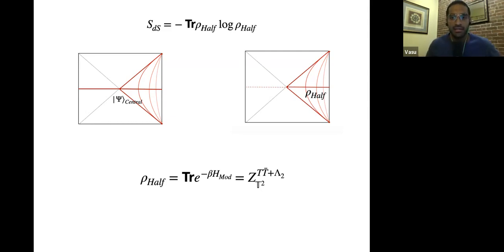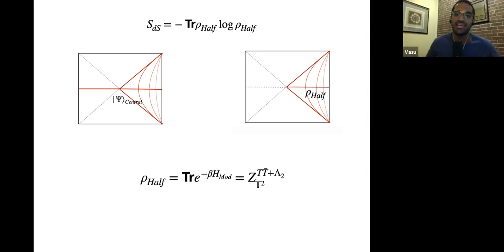And this, like any other entropy, or rather the reduced density matrix, like in any other entropy calculation, can be written as the trace of e to the power minus beta times the modular Hamiltonian.